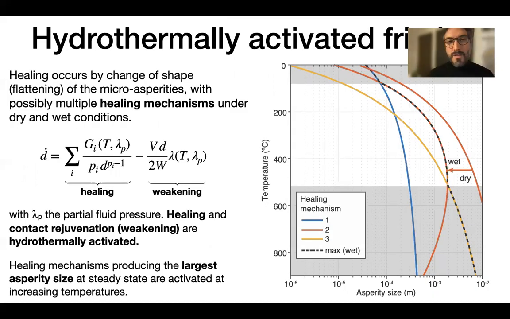So this model assumes that healing happens when the microasperities flatten, and that can happen by many different microphysical mechanisms. So to capture the depth dependence of the velocity dependence of friction, we consider multiple healing mechanisms instead of just one, each of which is associated with a certain activation energy and a certain power exponent for the sensitivity to the radius of curvature.